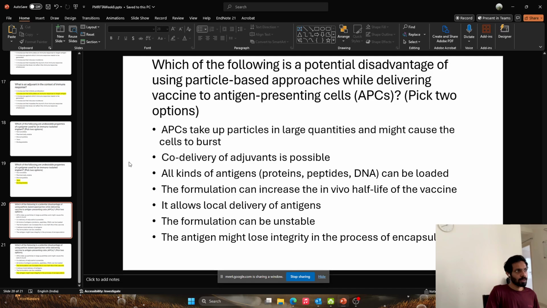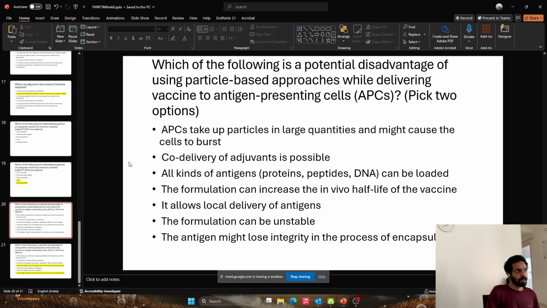So, if you go back to your lectures, if you see how encapsulation can be done, you would have studied about single emulsion, double emulsion, right? So, what do you use for oil phase? Generally, it's DCM or organic solvents like those. Now, protein three-dimensional structure is very important for the proteins. If you use organic solvents like that, they'll destabilize the protein three-dimensional structure.